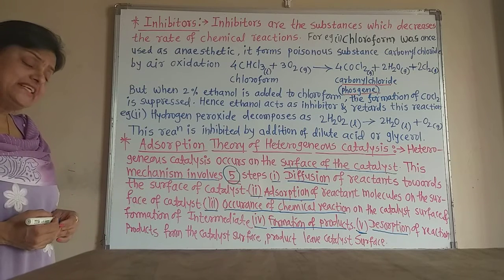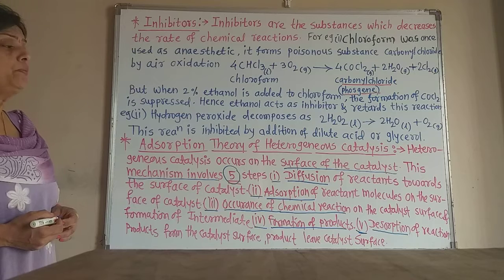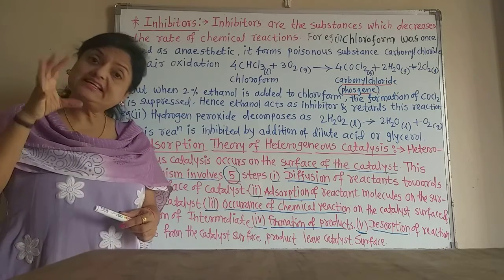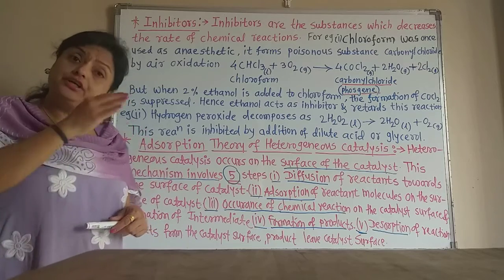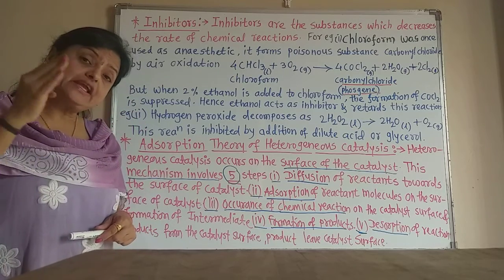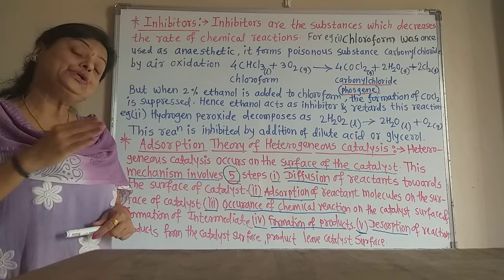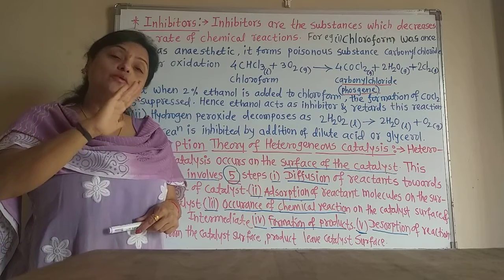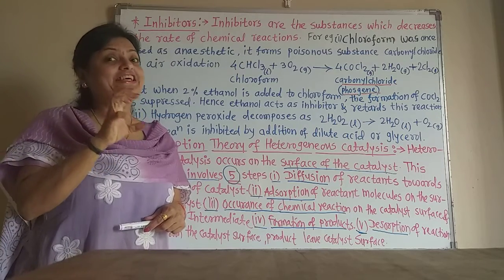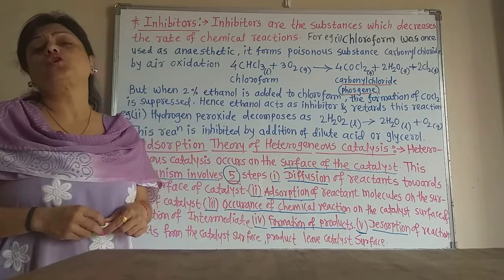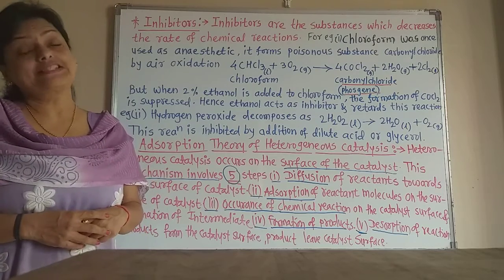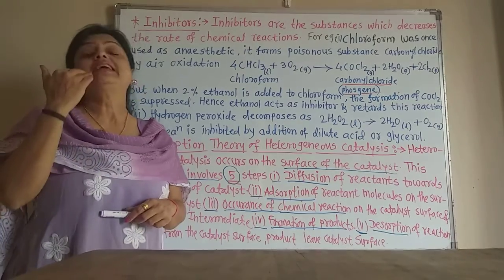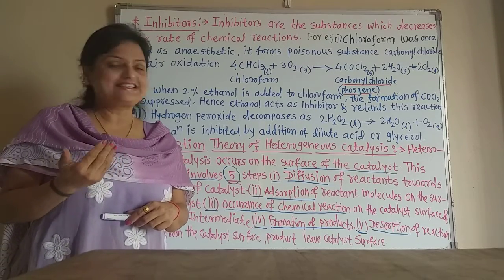The first one is the diffusion of reactants toward the surface of the catalyst. When the reaction starts, the reactants diffuse to the surface of the catalyst, and they adsorb there, so there is the maximum concentration of the reactant on the surface of the catalyst. The reactants may be gases or liquids.